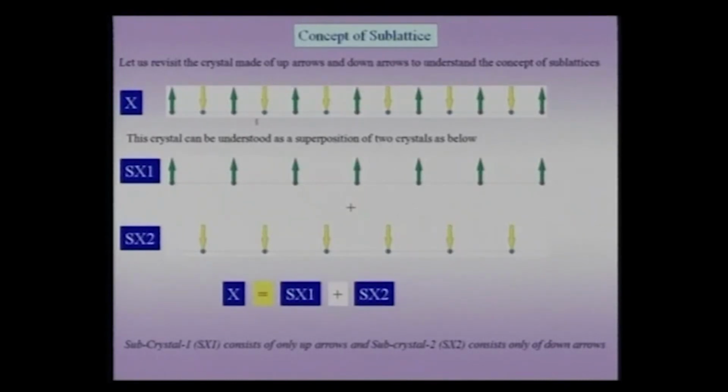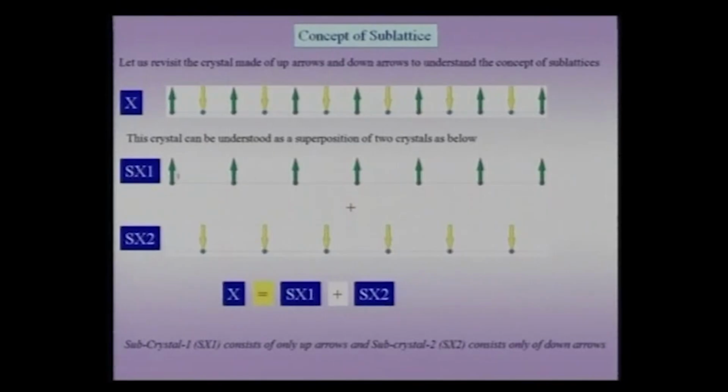Now let us try to describe this crystal in the language of sublattices, and to do so I will split up this crystal into two halves, and both of them obviously are infinite because the crystal itself was infinite. So I have a subcrystal 1 which is made up of only green arrows, and I have a subcrystal 2 which is made up of only yellow arrows.